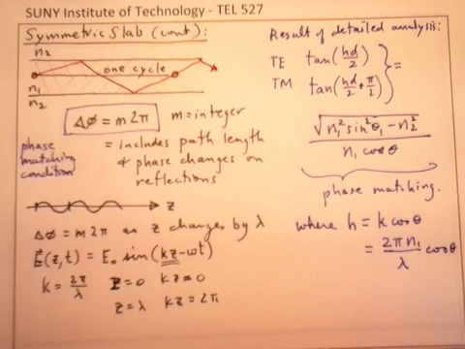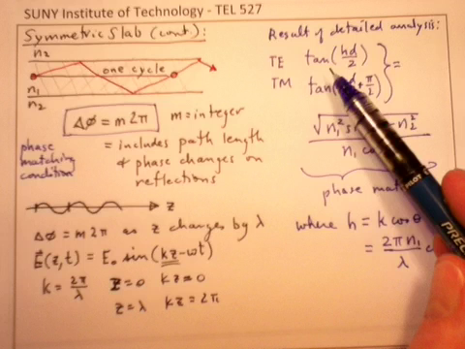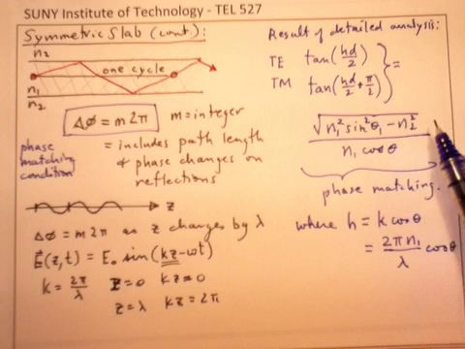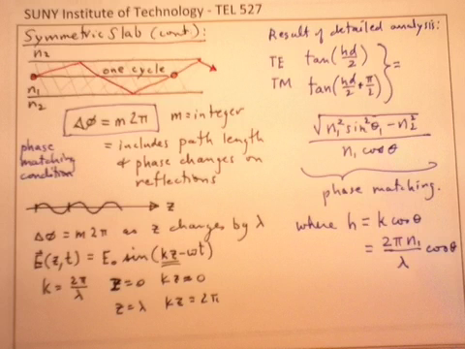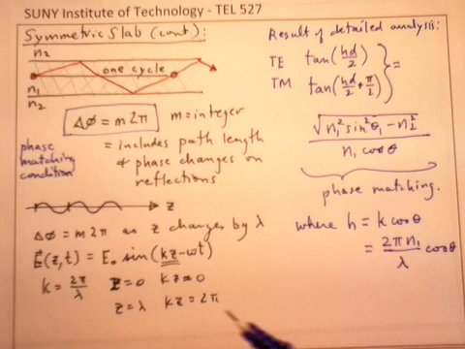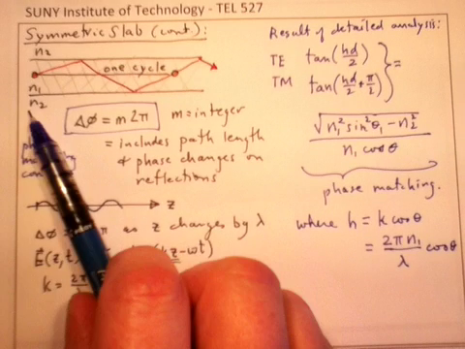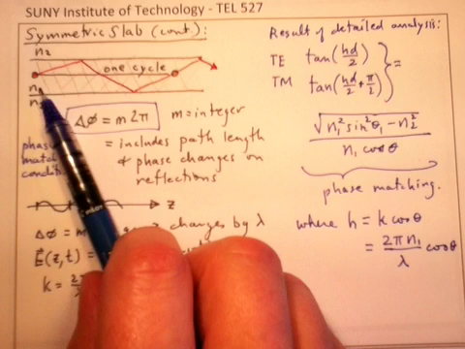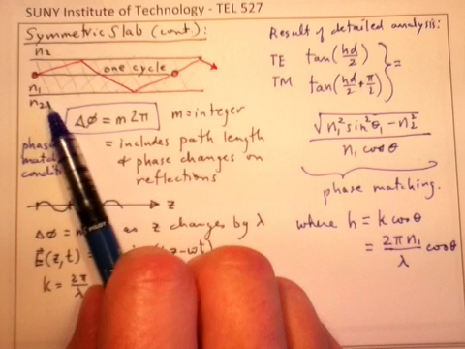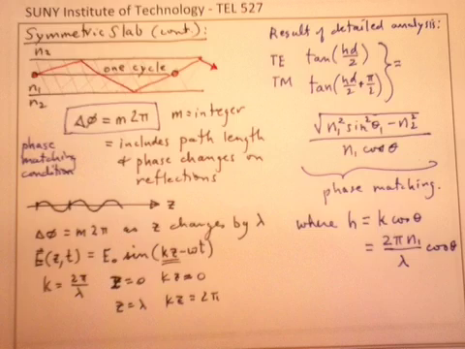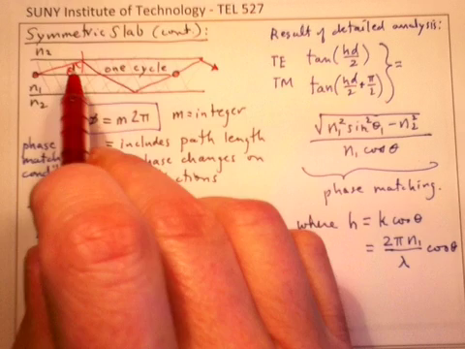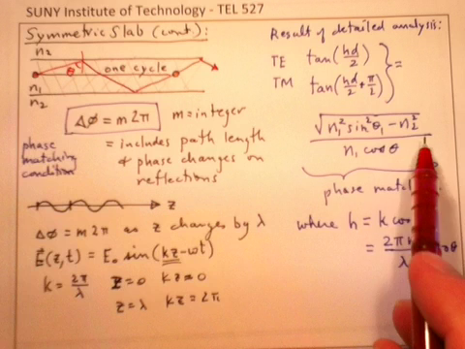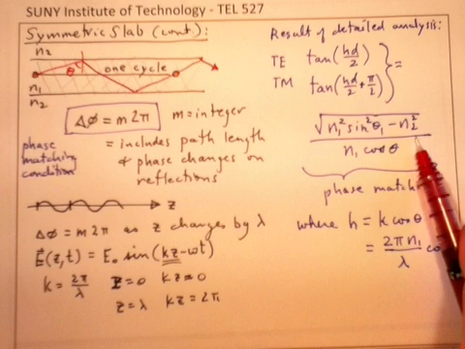Anytime we have the tangent of something equals something else, then we have the possibility of multiple solutions. In fact, if we say we're considering this slab with these indices, n1 and n2, we're going to fix them, and we're also going to consider this particular ray with its incident angle theta, we're going to fix that. That fixes the entire right-hand side here.